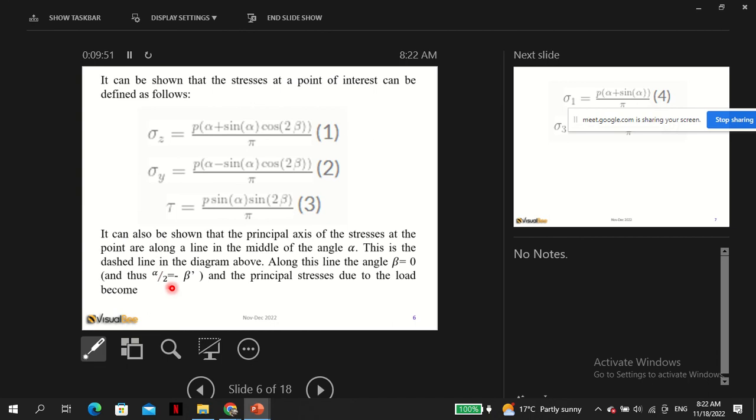So once we know beta is 0, if we substitute in this equation, cos beta, cos 0 is 1, so this part is lost, and sin beta is 0.